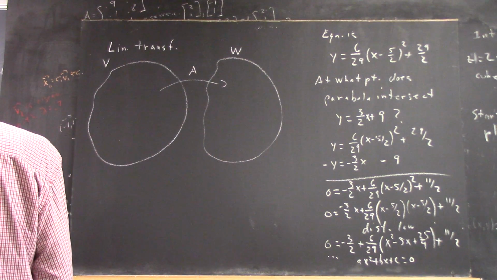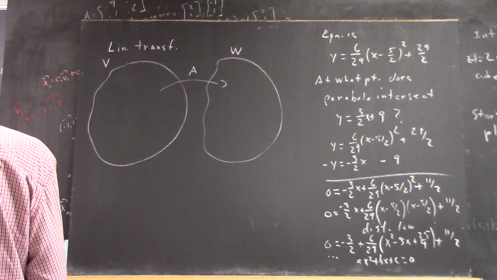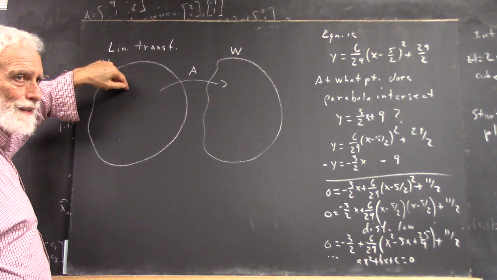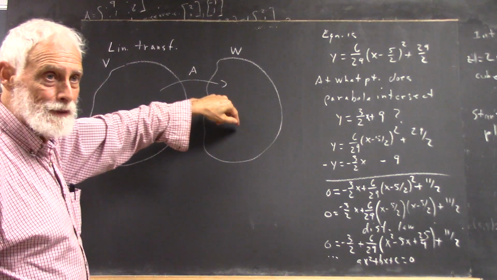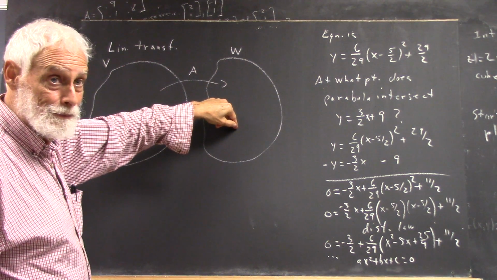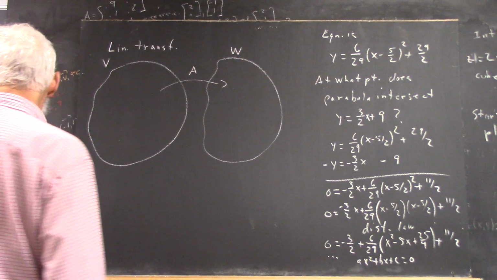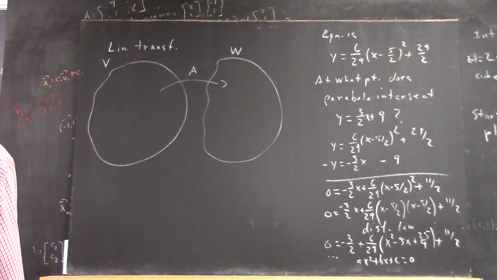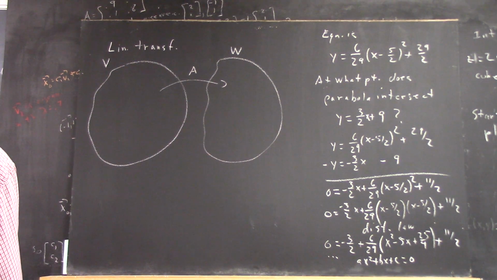In the example we just saw, we were mapping from R2 into R3, okay? No, that was our first example.